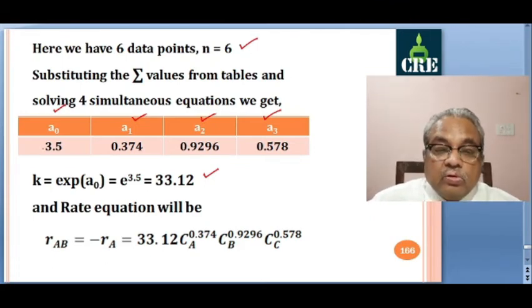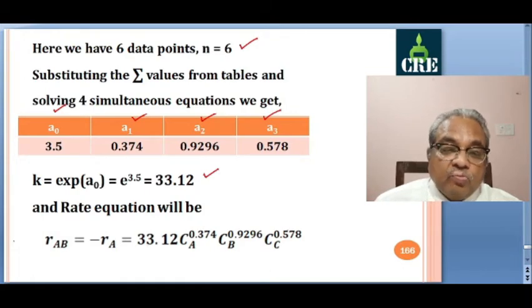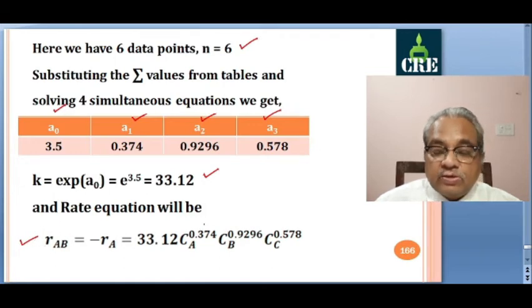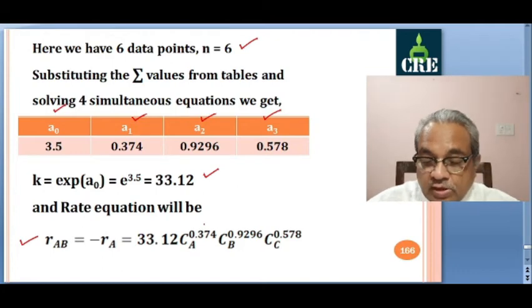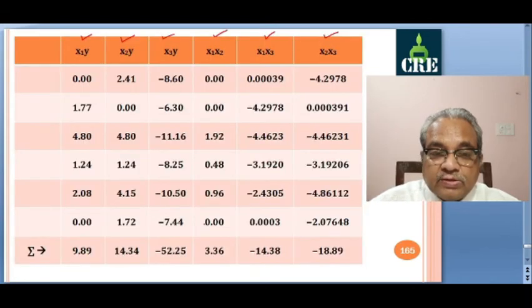So from the table, if you take these values Ca, Cb, Cc and these values of a, b and c and the constant, and calculate from this rate law which we have obtained and compare with the values, because from this data we have obtained these constants. There will be some error in regression, but it should match to a great extent.